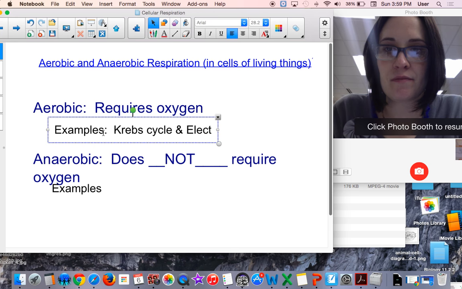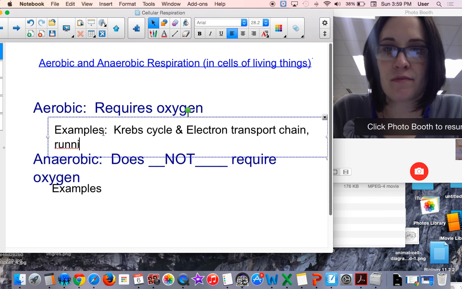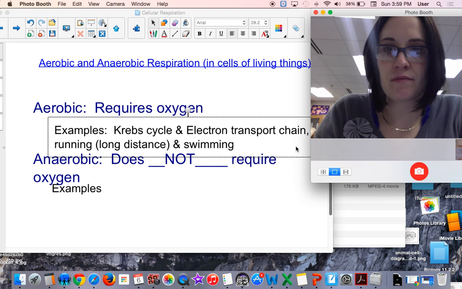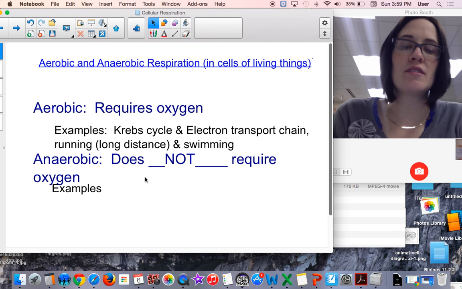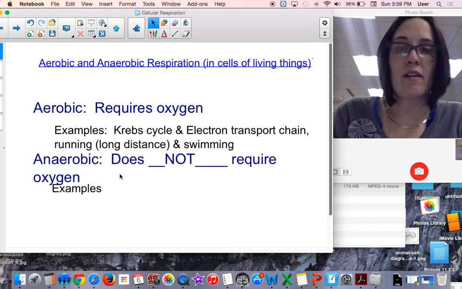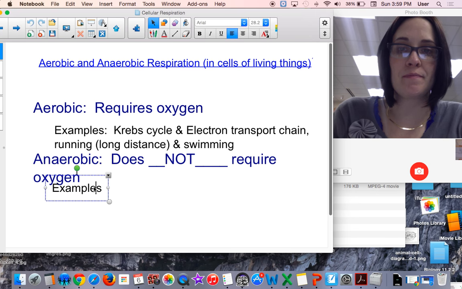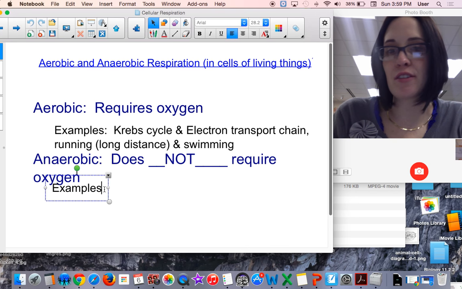the electron chain. If we're just talking a physical activity, examples of aerobic activities are running long distance, and then swimming, just to name a few. Okay. These activities require mass amounts of oxygen. Anaerobic activities, they do not require oxygen for those reactions to happen.